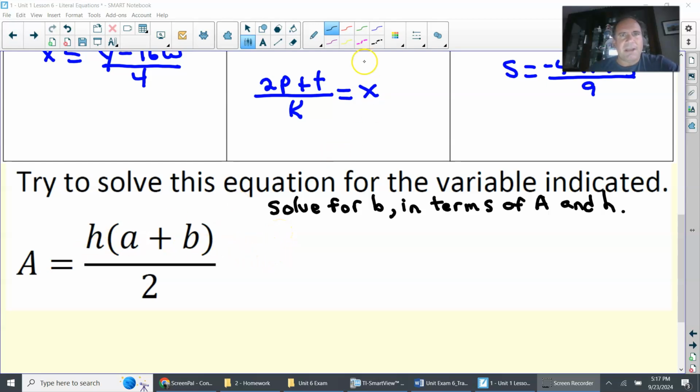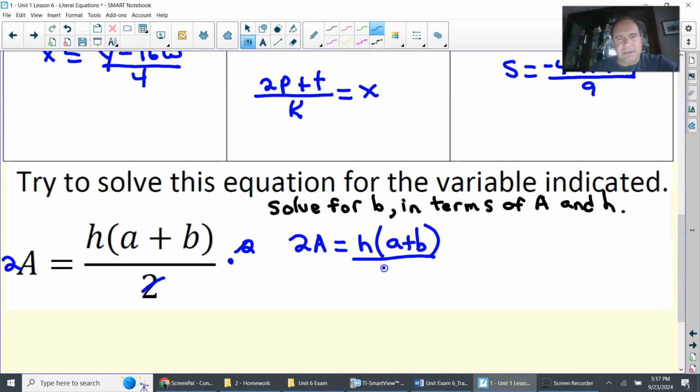So I'm just going to go ahead and write on this. This is H over 2. I need to get rid of that 2. So I'm going to multiply by 2 on both sides. This 2 cancels with this 2, but this is 2A now, 2 times A. You don't need to put anything else. H times A plus B.